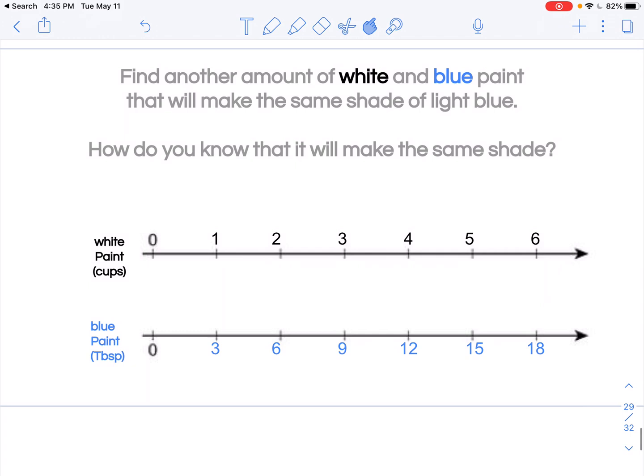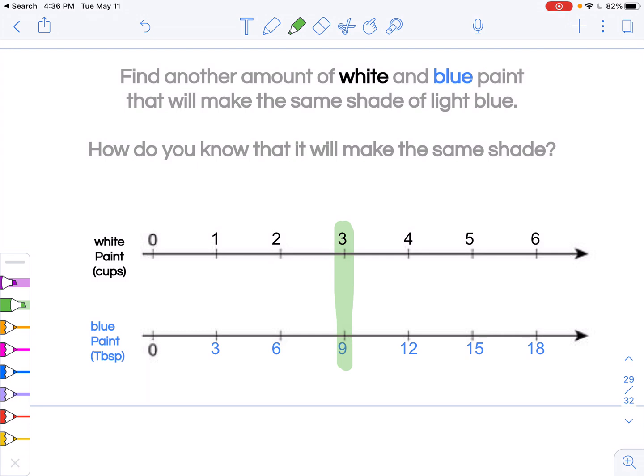One last one before I send you over to Desmos. Find another amount of white and blue paint that will make the same shade of light blue paint. And how do you know that it will make the same shade? All right, another option is 3 cups of white, 9 cups of blue. I know that it makes the same shade because they are stacked. They are vertical.